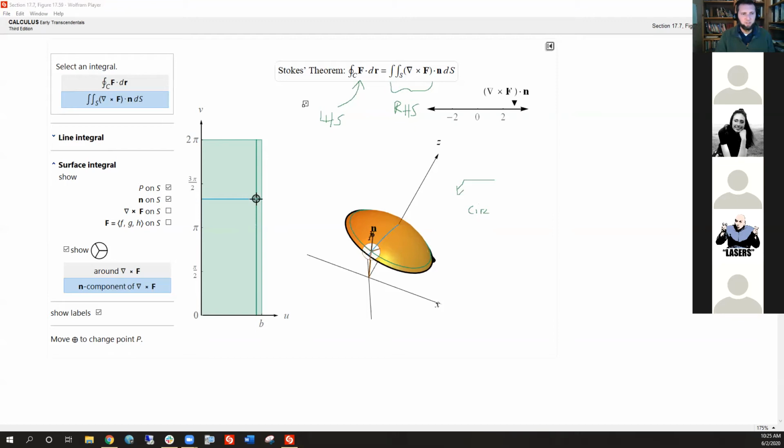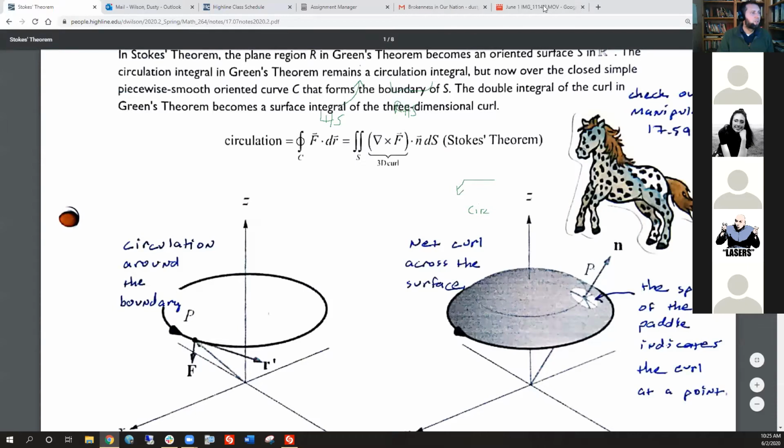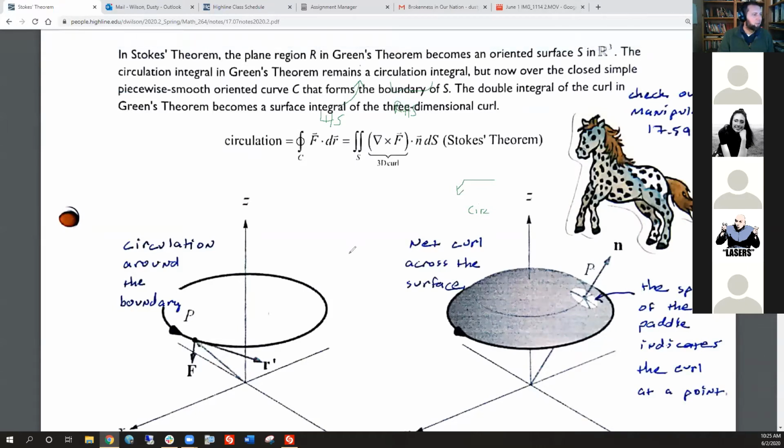All right. Okay. So again, the point is that the circulation around the boundary is equal to the net curl across the surface. We say the net curl, that curl is talking about the spin of the paddle, and that indicates the curl at the point.